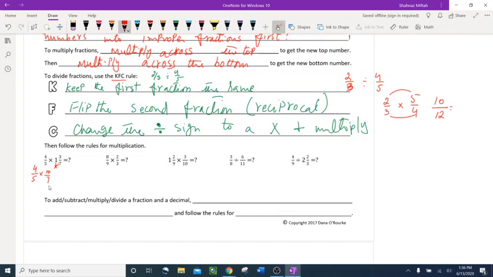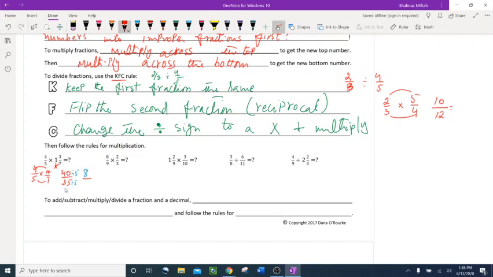And since I got multiplication, you multiply straight across. 4 times 10 is 40. 5 times 7 is 35. I can simplify this further by dividing by 5. So 40 divided by 5 is going to give me 8.